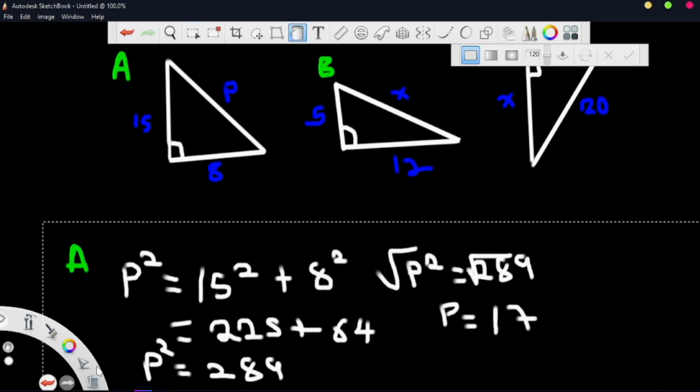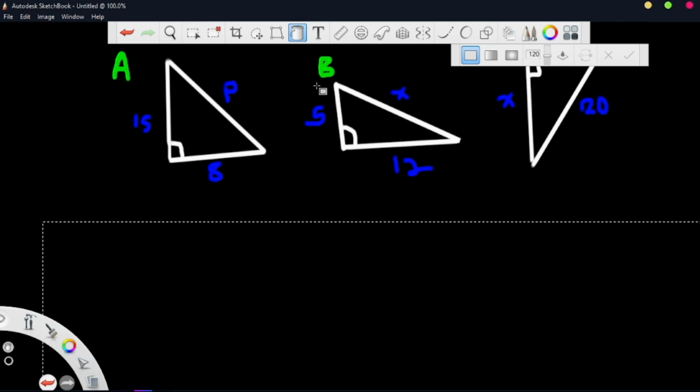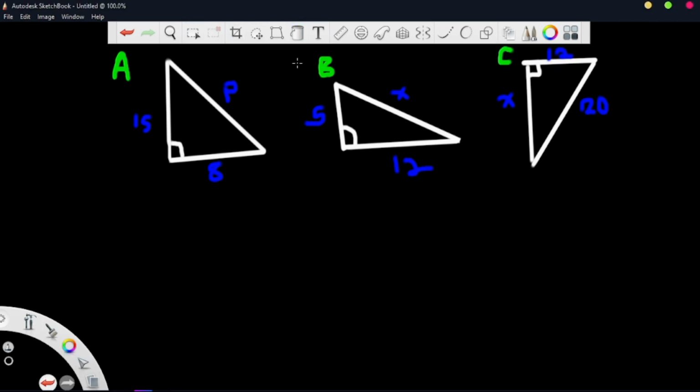So now let's try out another question. Pythagoras theorem is very simple, provided you understand the basic concept that the squares of the adjacent sides add up to the square of the hypotenuse. So let's say now we have been given this one. We're going to do the same for x, because x is clearly our hypotenuse.